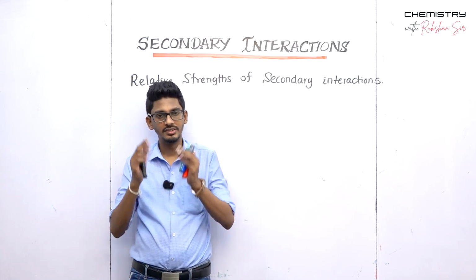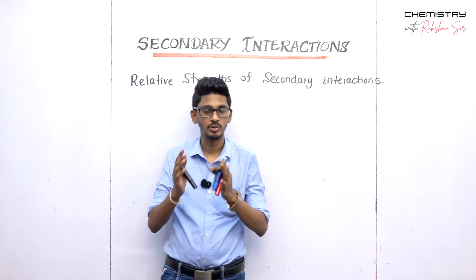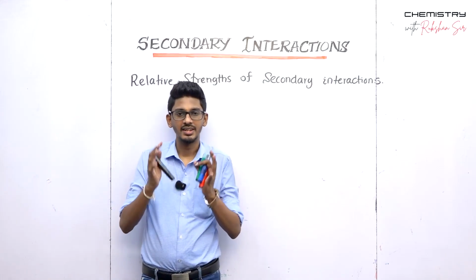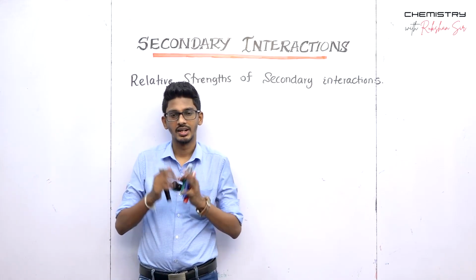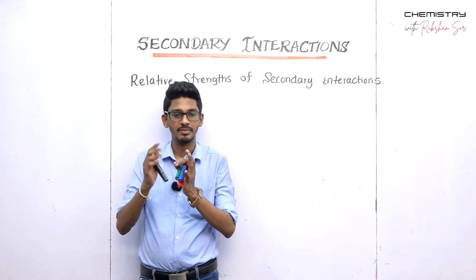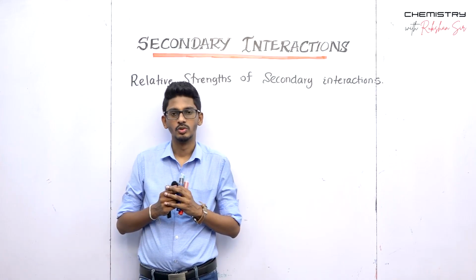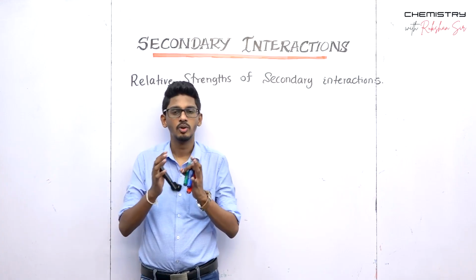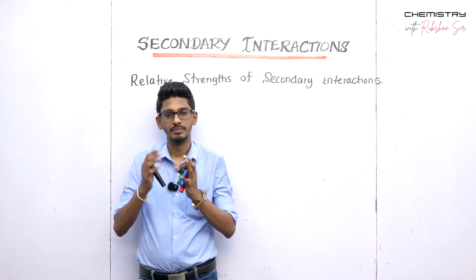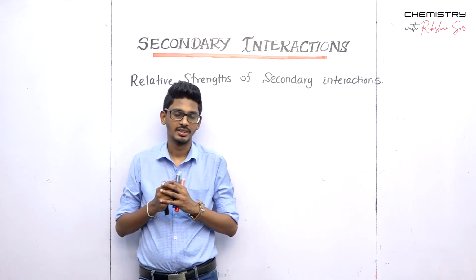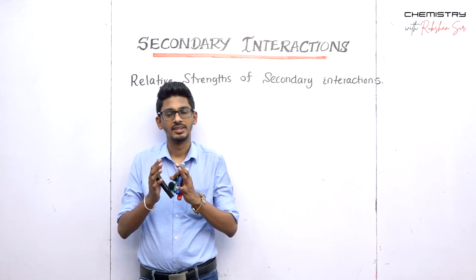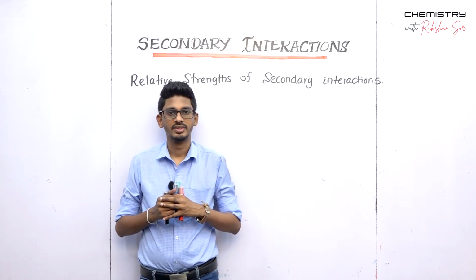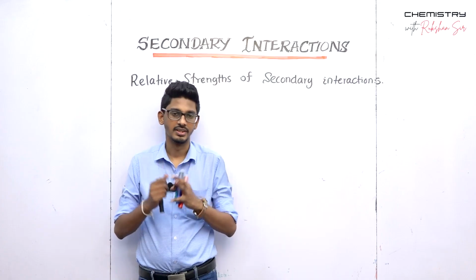So compared to that, the dipoles which carry permanent charges come up with a greater magnitude of charge. So after the ion involvement, the dipole involvement comes up with greater strength than the situations that only involve induced dipoles. That is the idea.